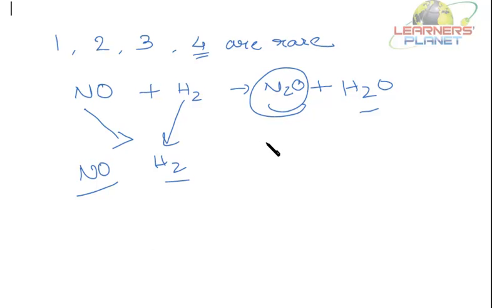Then only the reaction is possible. Now if the number of types of molecules increases, the possibility of their collision decreases, and so does the formation of products. Every collision doesn't lead to the formation of a product. Only a few collisions will result in the formation of product, and those collisions are called effective collisions.